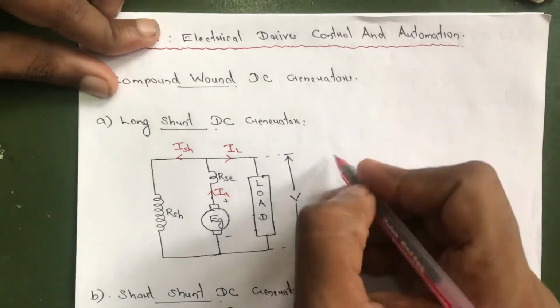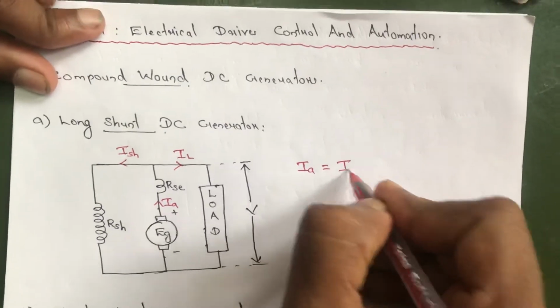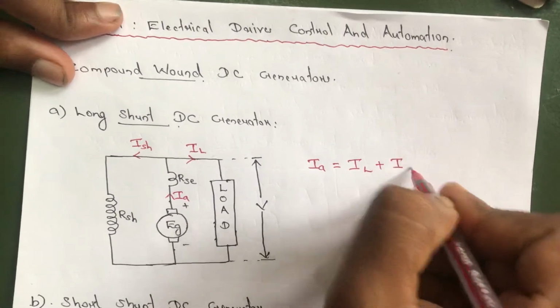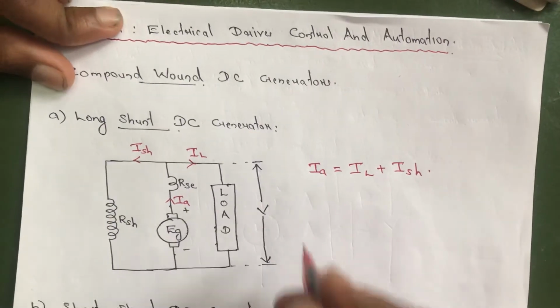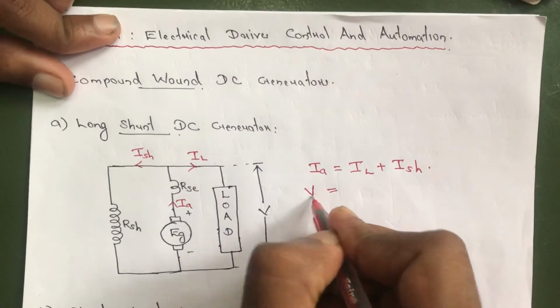So we can write the equation IA is equal to IL plus ISH.